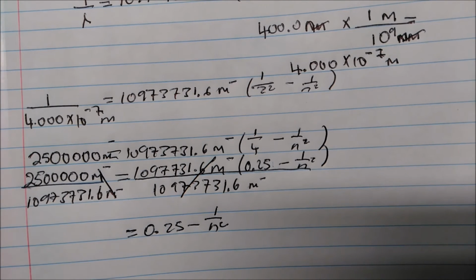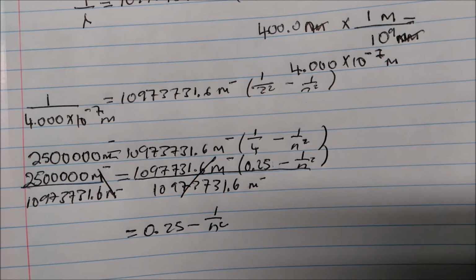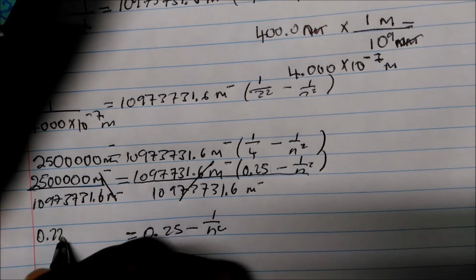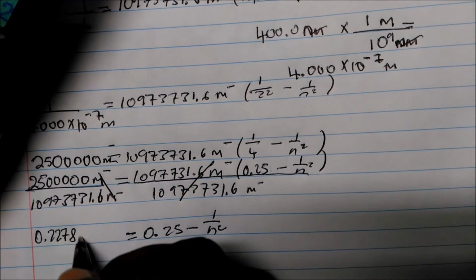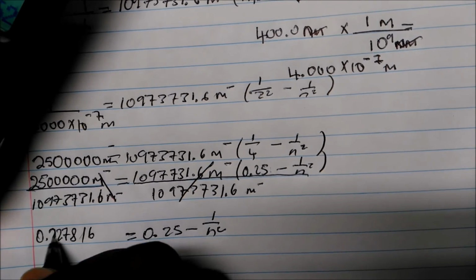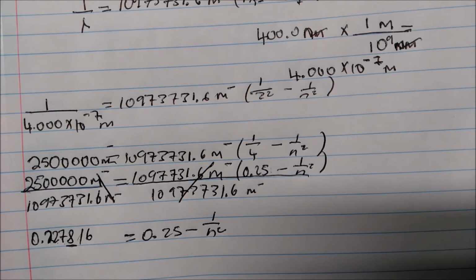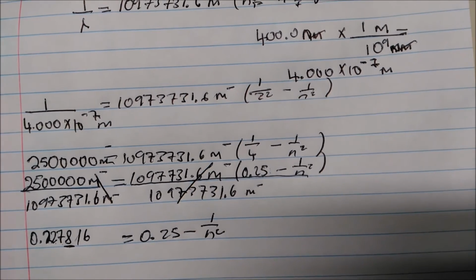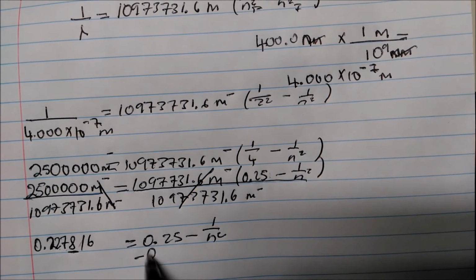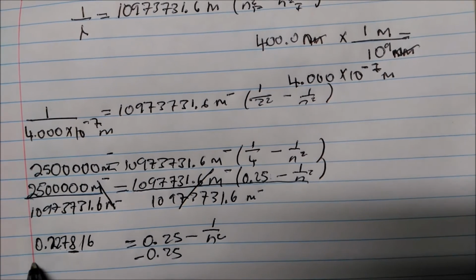This divided by this should give us 0.227816. It should be 4 sig figs. And all we're left to do now is subtract 0.25 on both sides.